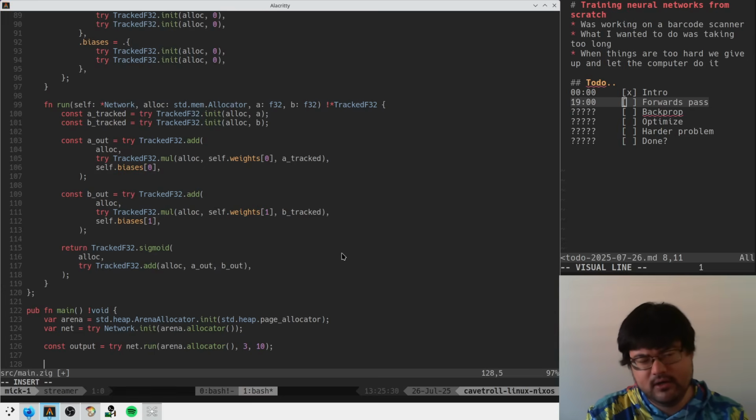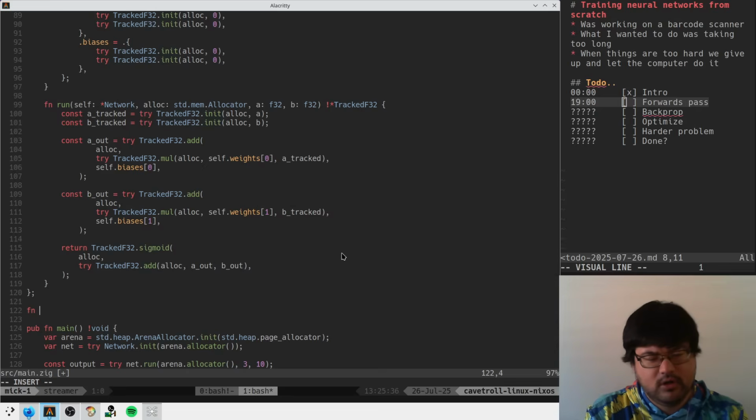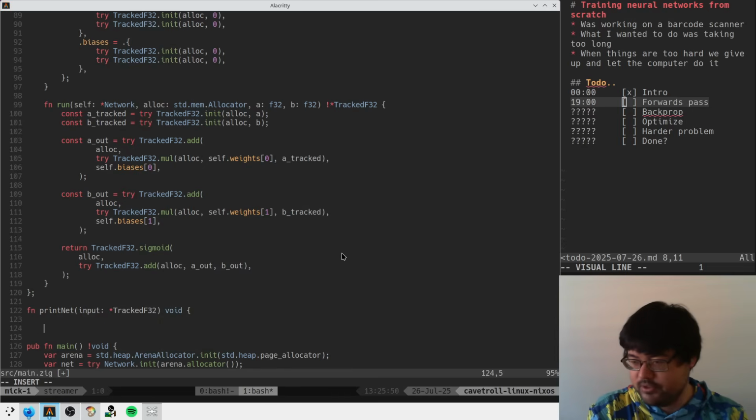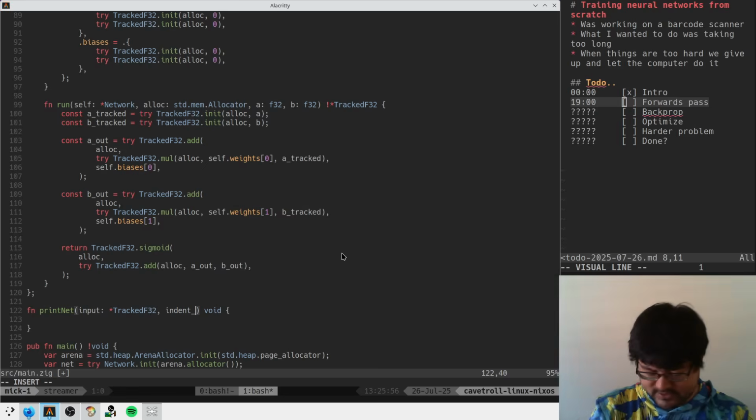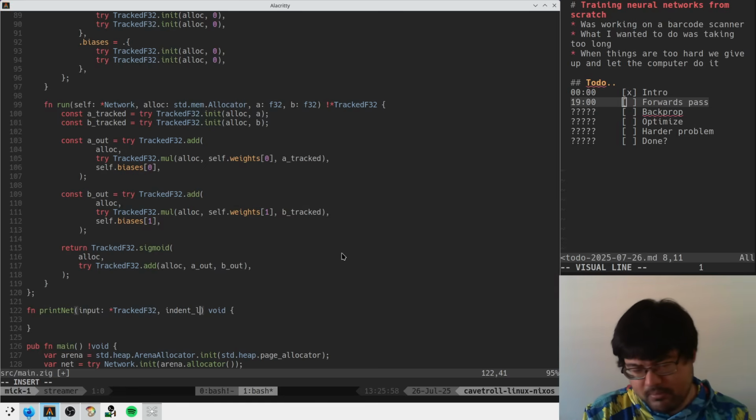So can we say, like, print net or something. I don't know, man. Yeah, sure. Print the network of stuff that happened. So we're gonna have some input as a tracked F32, and we're gonna return nothing. We're just gonna print stuff. And I think we're gonna have an indent level here, certainly, because this is gonna be some sort of tree walk, probably.